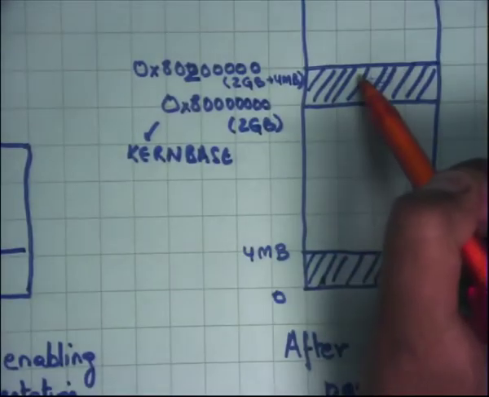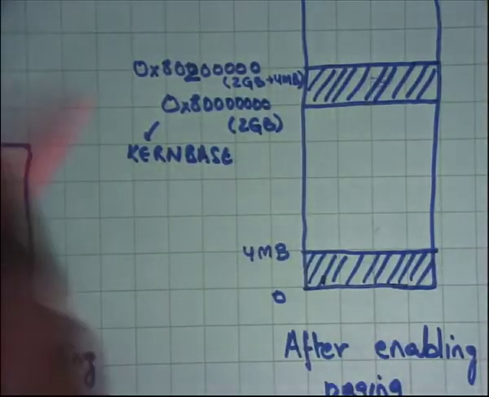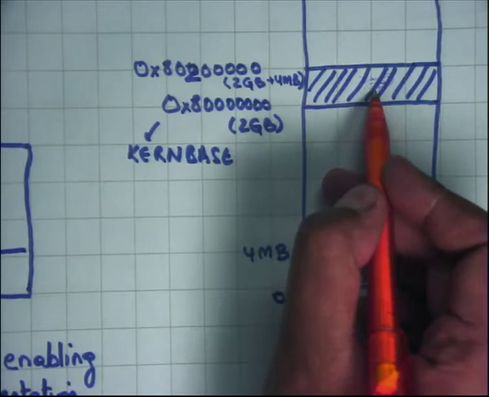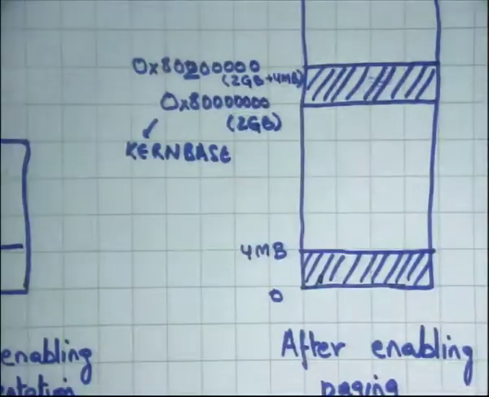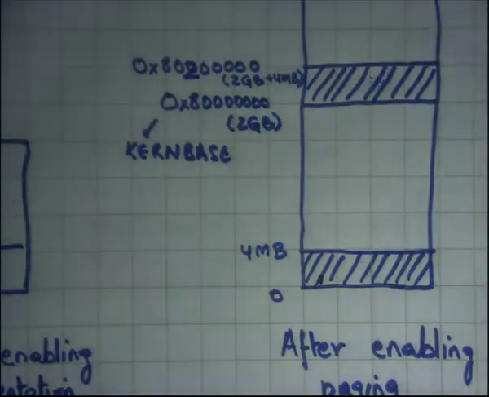Anything I dereference from the kernel will have addresses in this space. So from now on it's just normal plain C code that can execute, just plain dereferencing should work, right.